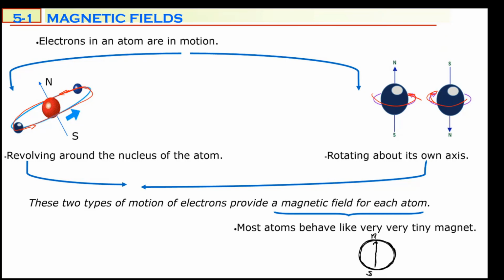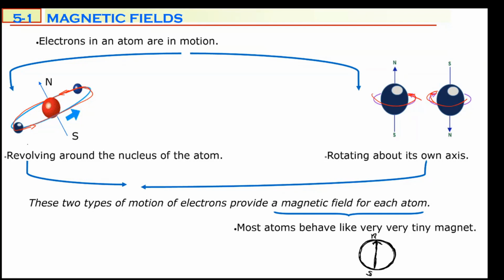This arrow shows the direction of the magnetic field inside this atom. Not every atom, but most atoms behave like a very tiny magnet with N pole and S pole because of the two motions of the electrons. Why I say most, you will understand later.